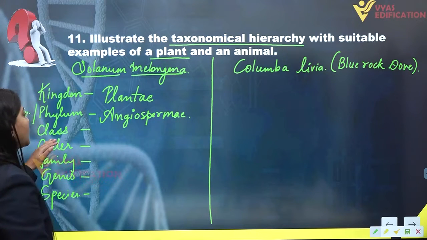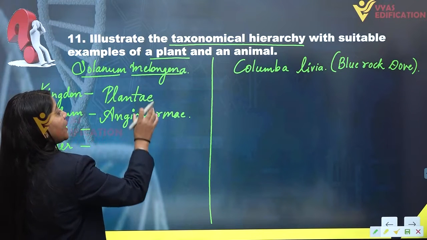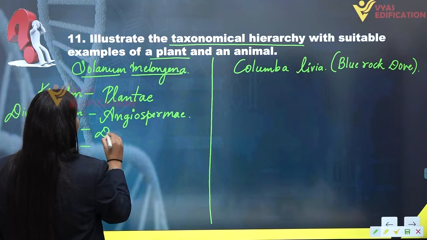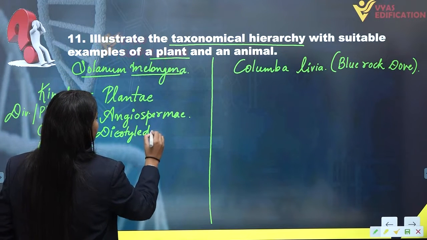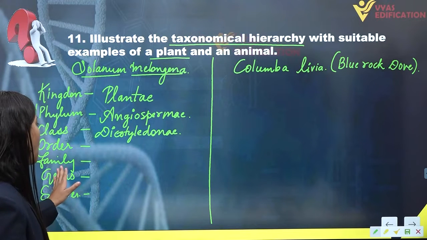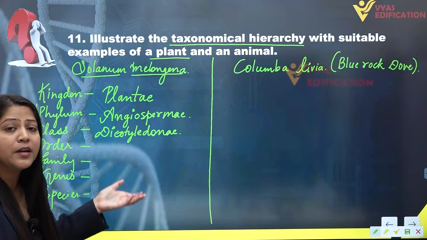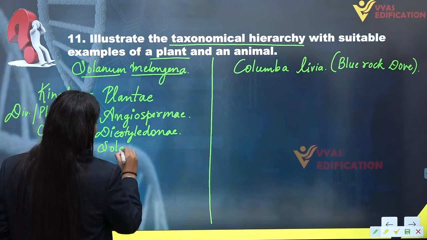If we talk about the class, the class of Solanum melongena will be Dicotyledonae. If we talk about the order, then we have order Solanales.